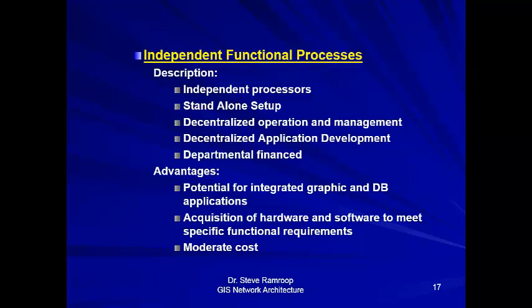The department is in charge of financing, in terms of upgrading the hardware and software, and because of that, it's limited in terms of the amount of money that is given in terms of their budget per year, or however they are given their money.